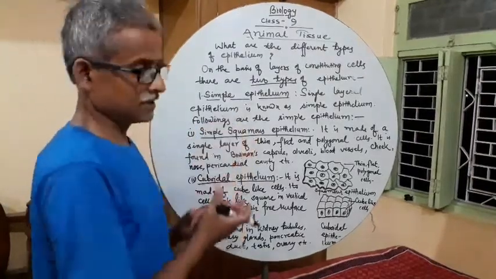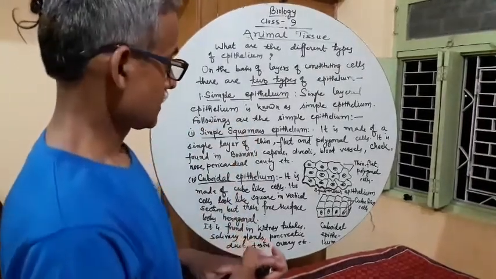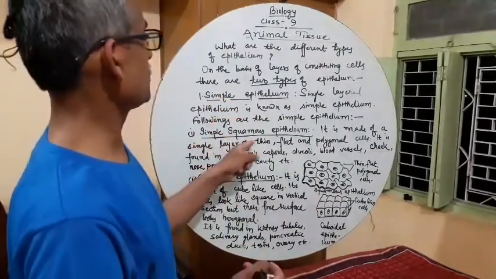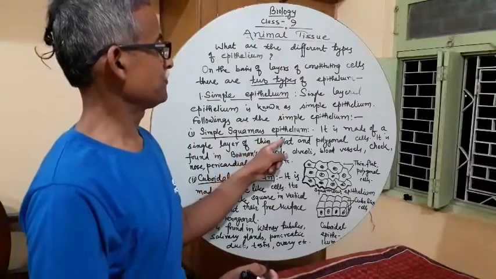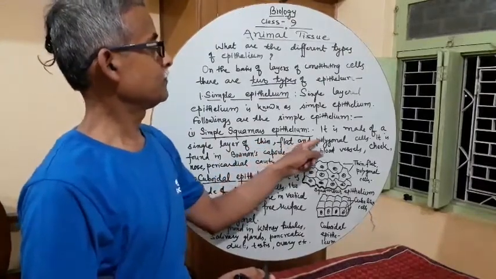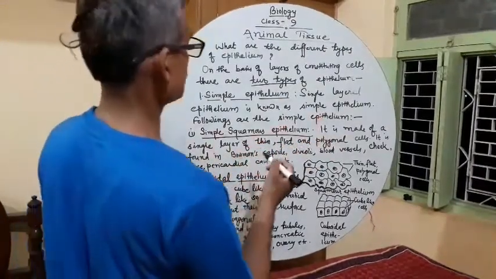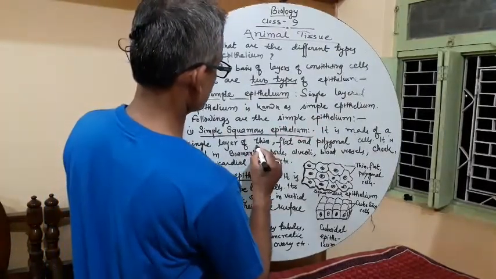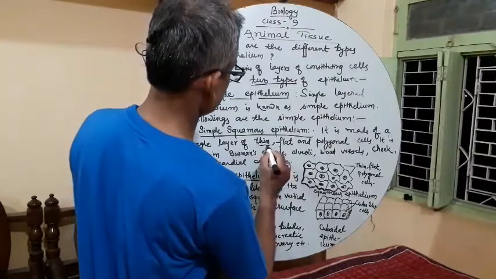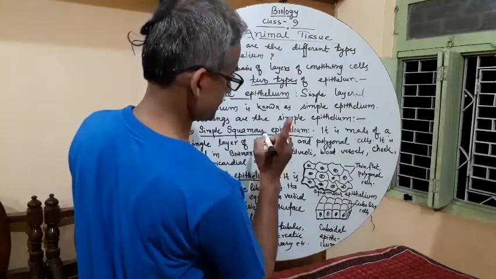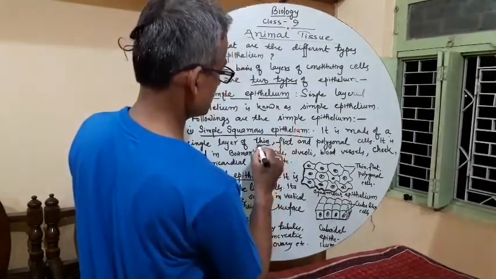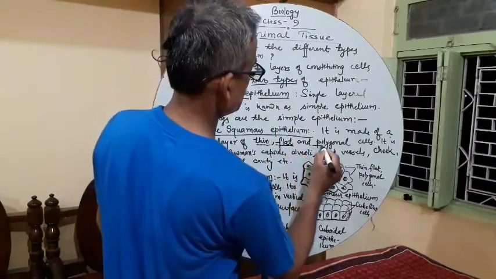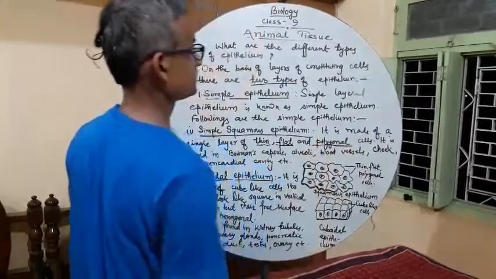Simple squamous epithelium is made of a single layer of thin, flat and polygonal cells.